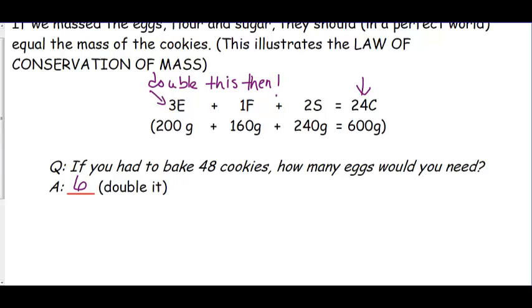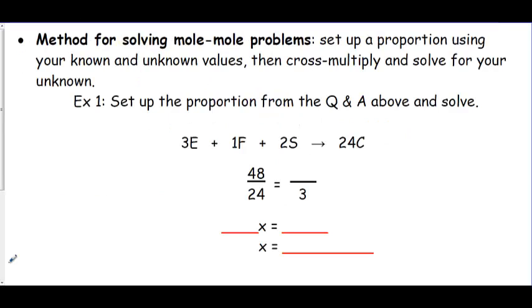So our general method for solving mole-mole problems is to set up a proportion using your known and unknown values, and then we cross-multiply and solve for the unknown. Here's an example for you. Set up the proportion from the question and answer above in your notes from the previous page, and we will solve this.